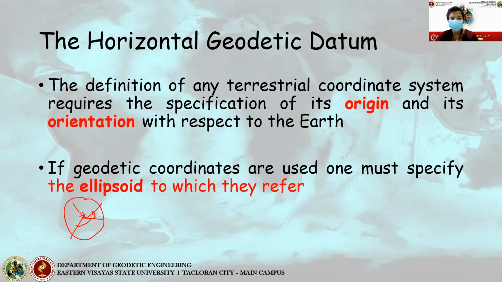So our origin is where the 0, 0 point of that coordinate system starts. That is what we mean by origin.